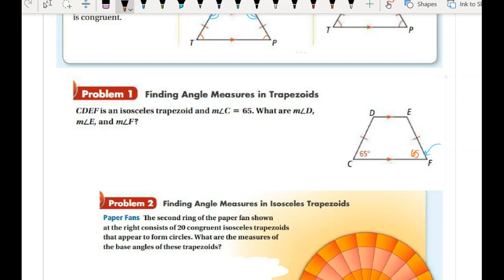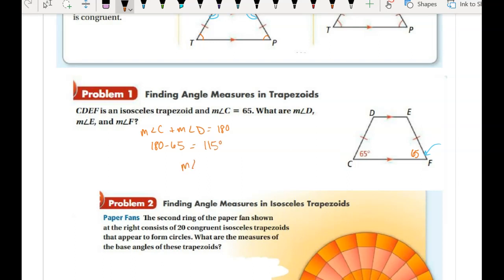Now, how can I find the measure of angle D? Well, I know that the measure of angle C plus the measure of angle D is equal to 180 degrees. So 180 minus 65 is going to give me 115.